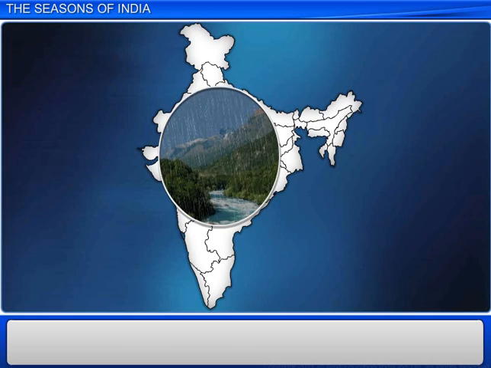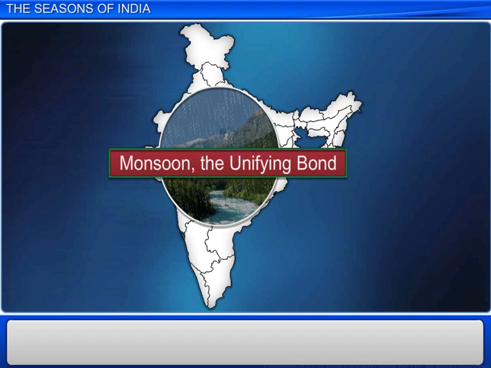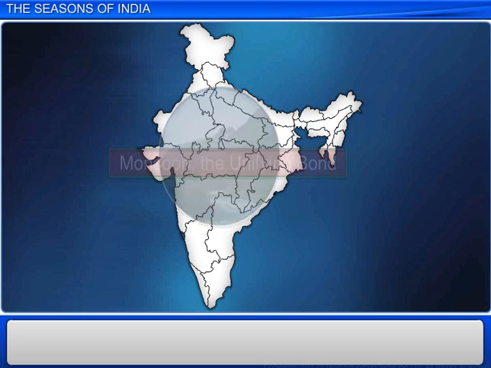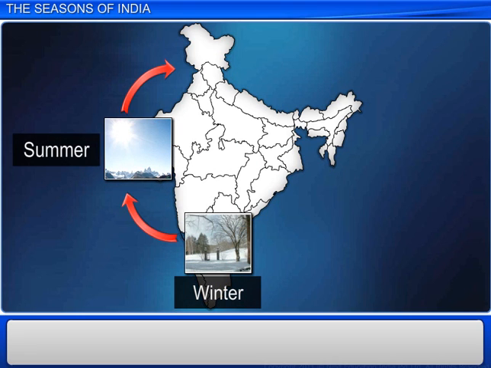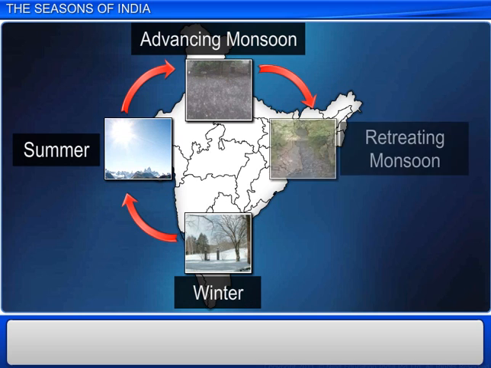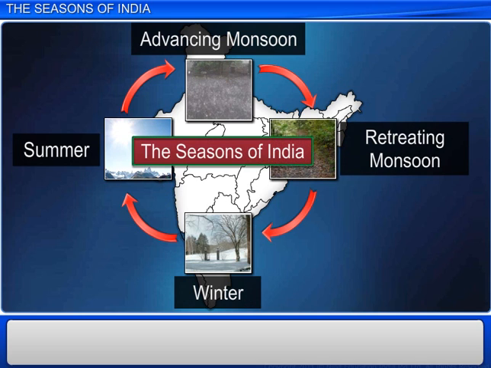In spite of its uncertainties, the monsoon acts as a unifying bond on the Indian subcontinent. The rhythmic cycle of seasons results from the seasonal alteration of the wind systems and the associated weather conditions of monsoon.